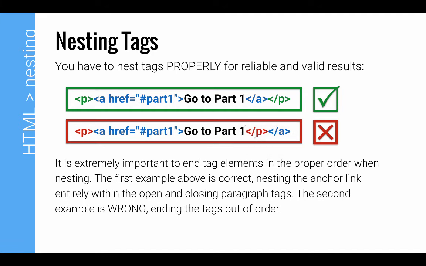It would not give you valid markup, and it might mess up parts of your page, because you see here we start with a P tag, we go to an A tag, and then we end the P before we end the A. So you have to make sure that you're nesting stuff and starting and stopping your tags in the right places. So again, you can pause this, look at the correct example of nesting, make sure you understand that order, and compare it to the incorrect, and make sure that you understand how not to do it.